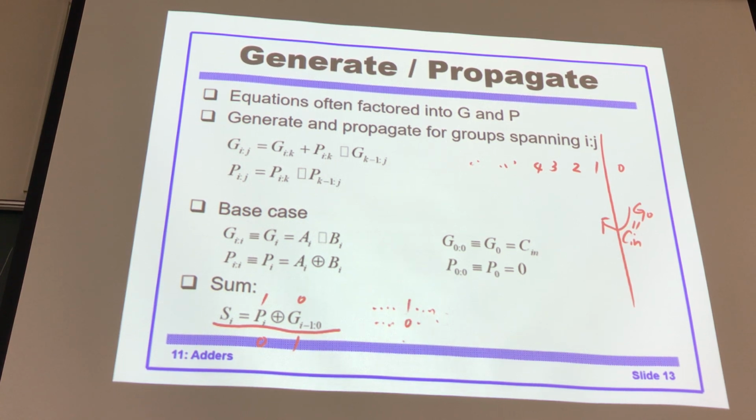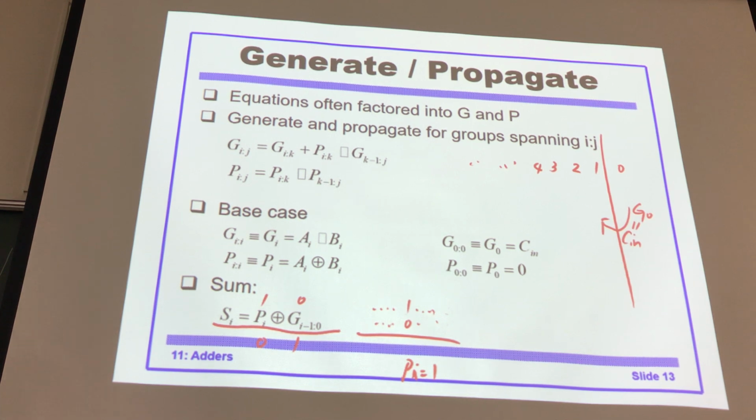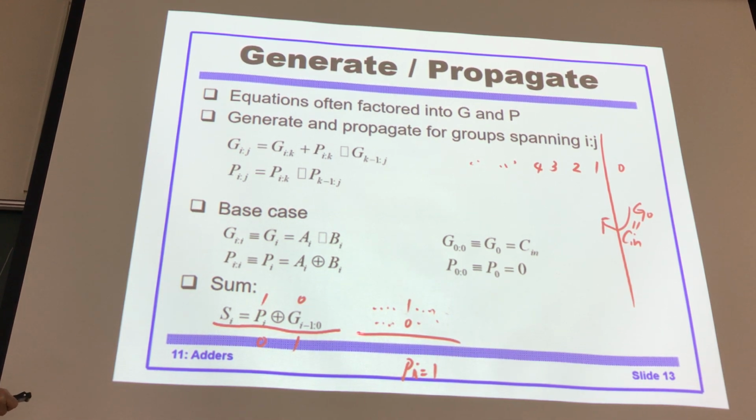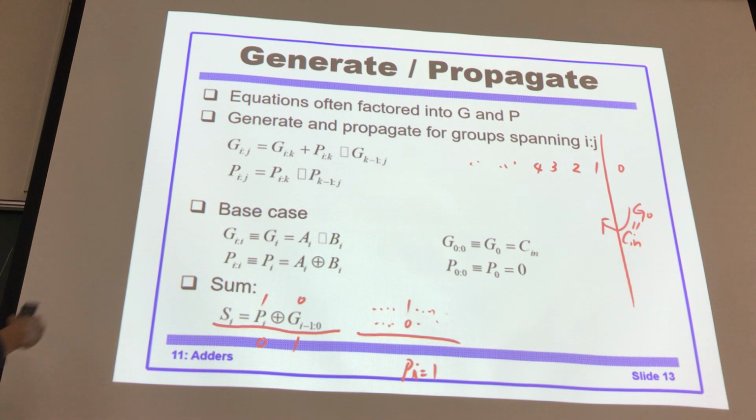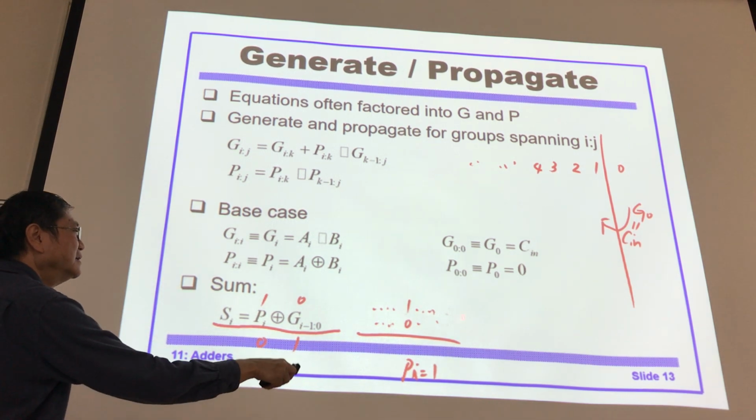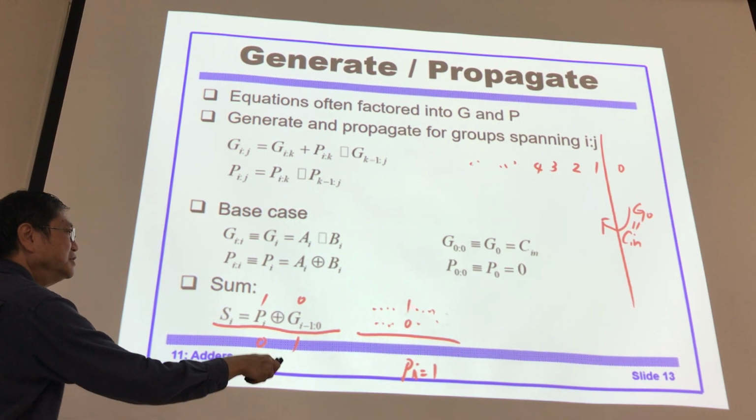If 1, 0 or 0, 1, you get Pi 1, carry propagate 1. And there's no carry generate from I minus 1 to 0, meaning from the right hand side, there's no carry in to this bit position.